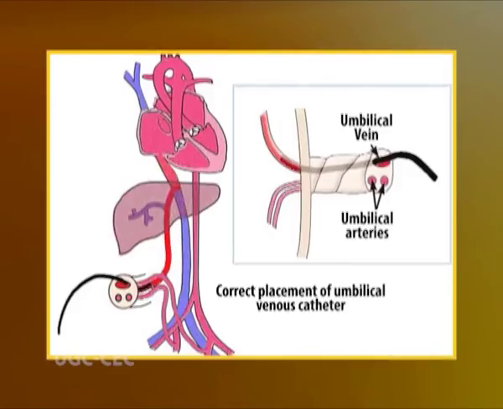The main target for obtaining fetal blood is the umbilical vein. Other possible targets for fetal blood sampling are fetal heart ventricles and the intrahepatic tract of the umbilical vein.